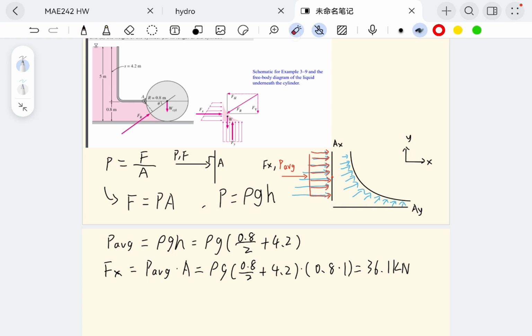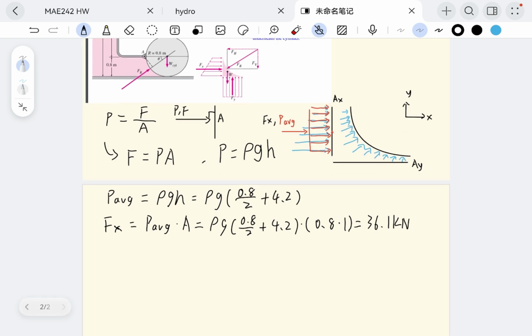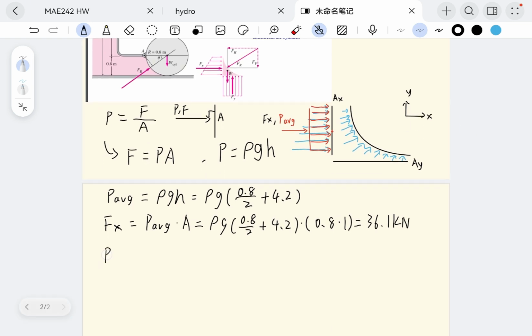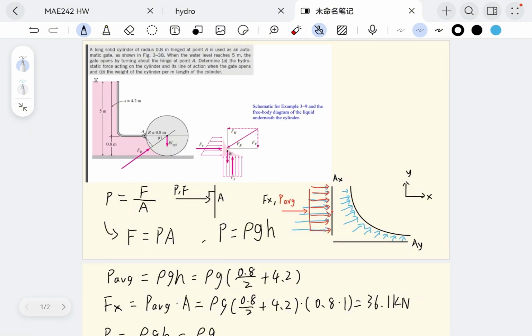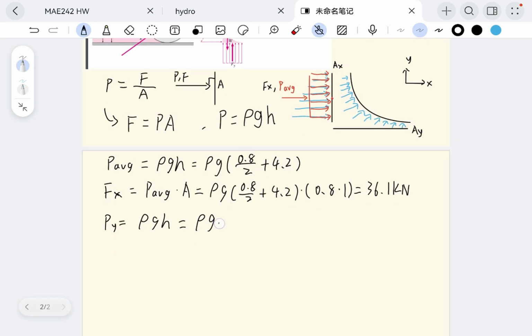At every point on this area, we have the same pressure. So for the pressure, let's call it Py, would equal to rho g h. Rho g are the same, and the h, which is the depth, will be just 5 meters, times 5.